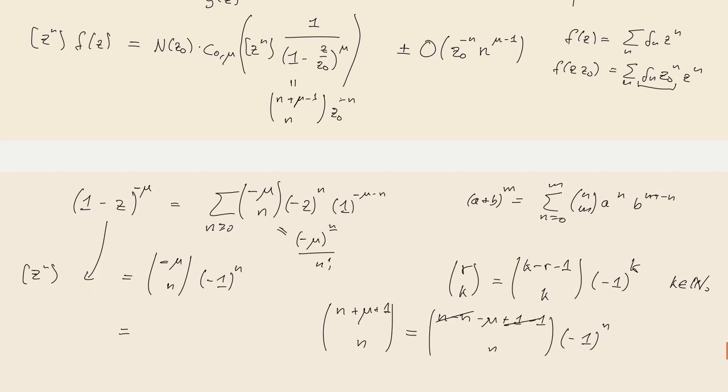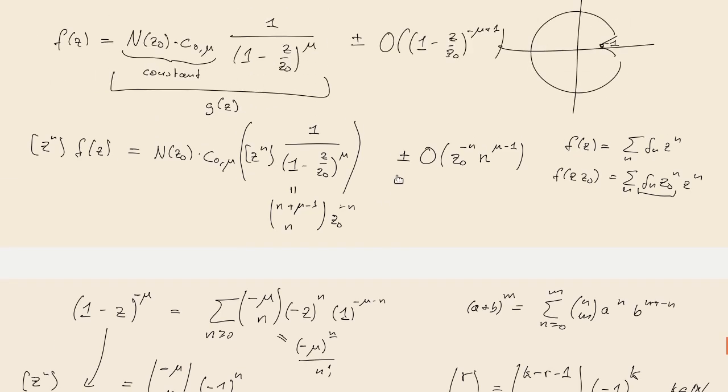And these cancel, and then it's minus mu choose n, minus 1 to the n. And then we're there where we claimed. And this binomial coefficient can be, so this is this up front and then a power of n. And we should divide by this factorial, but I'll stop here.